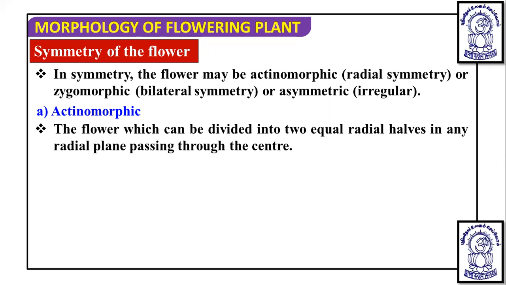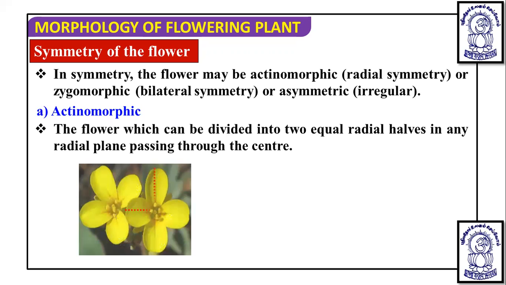It means if we cut a flower in any plane which is passing through the center, and it divides this particular flower into two equal halves, the same halves, then we can call it radial symmetry or actinomorphic. See, this is the flower.